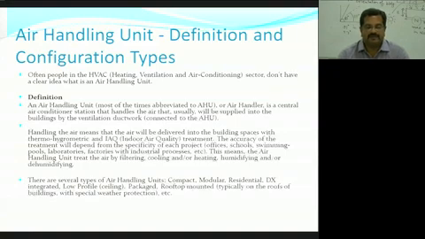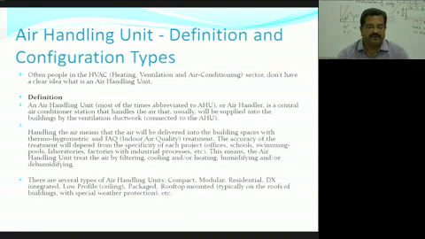Handling the air means that the air will be delivered into the building space with thermohygrometric and IAQ, that is indoor air quality, treatment. The accuracy of treatment will depend on the specificity of each project, like offices, schools, swimming pools, factories, hotels, and industrial processes.